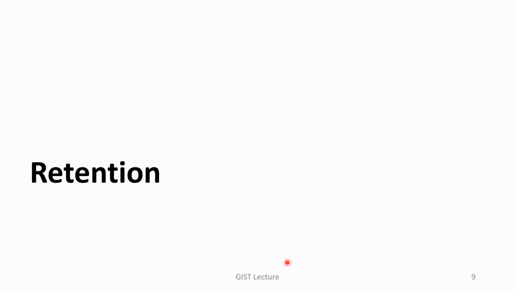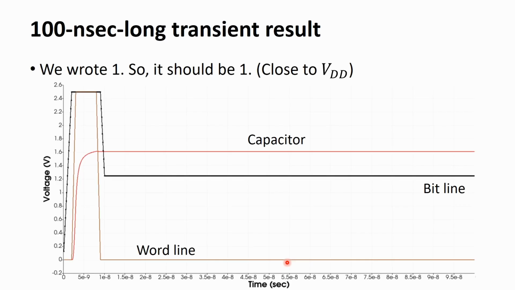However, for the DRAM cell, even when the electric power is supplied, the retention time is quite short. After we write 1, the capacitor voltage should be close to VDD. Even after a long time, its value should be kept.